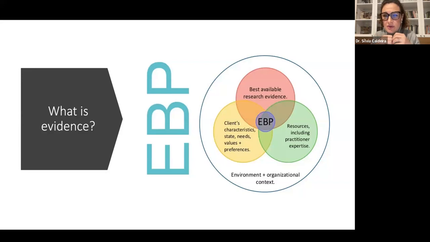And this is very interesting, because evidence-based practice is not only about the research. This makes all the difference, because we need to think also about implementing. And when we think about implementing, we are thinking about client characteristics and the clinical context.